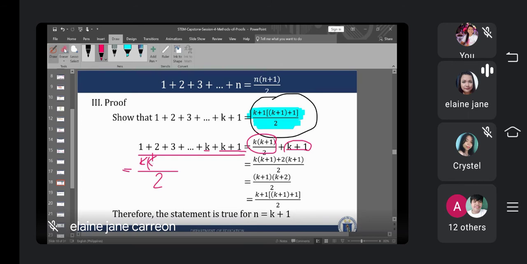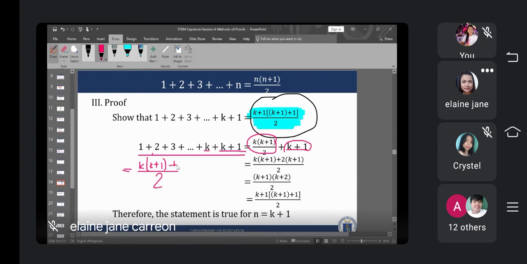Ang hirap pagsulat. Okay. K times the quantity k plus 1. Okay?